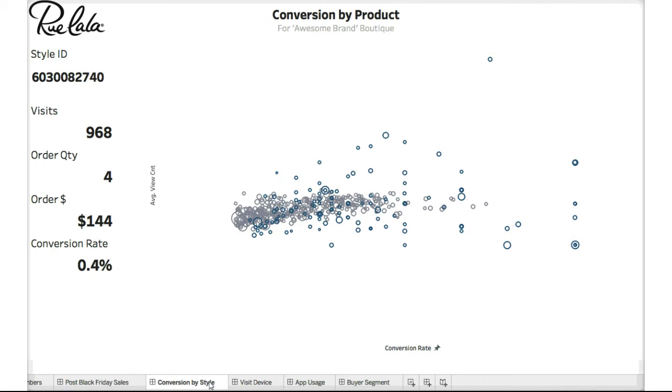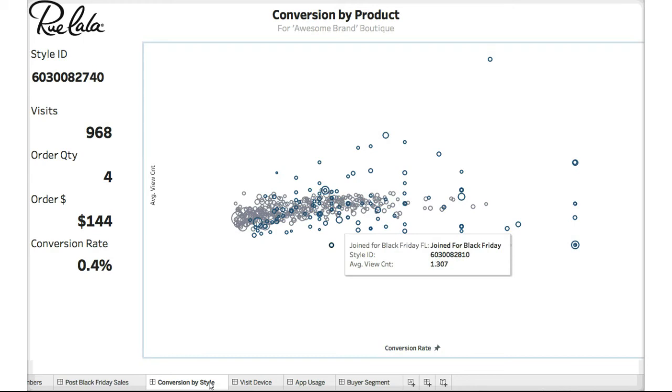Now, this brand itself is so popular that when we look at this visualization, we start to see some straight lines, and that's basically a factor of having so many more of our overall member base compared to the Black Friday member base. The Black Friday member base is actually about 10% of this boutique's overall visitation. So we start to see some sample size squirreliness in the data.